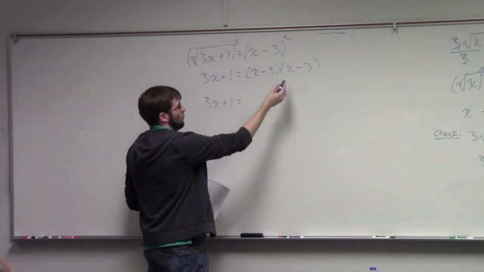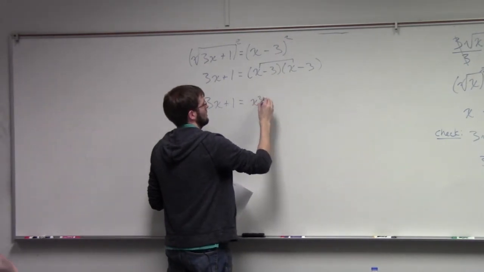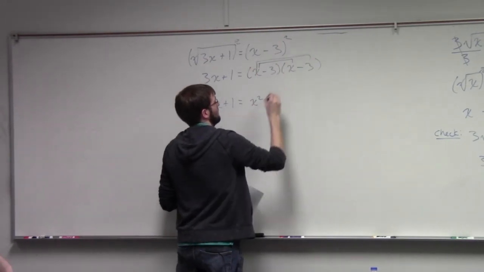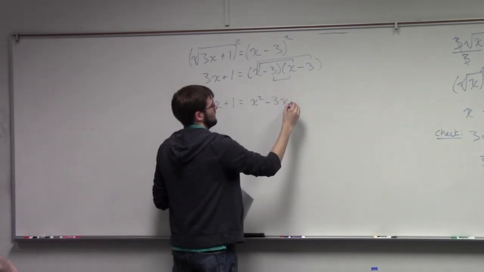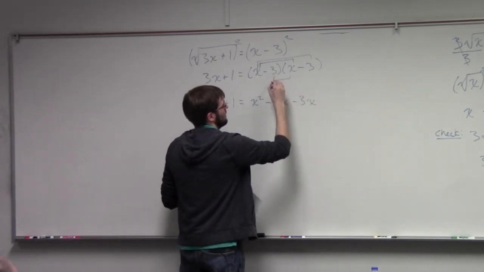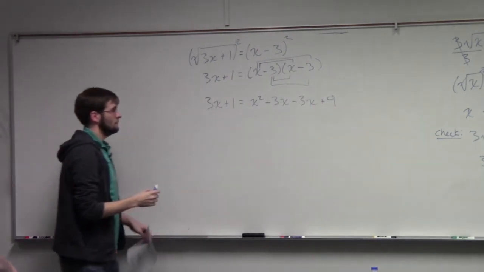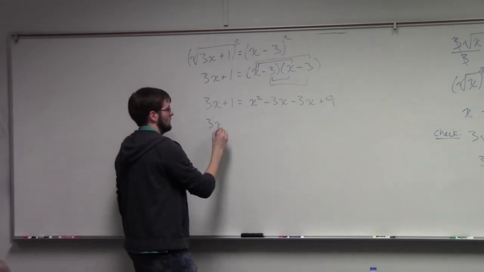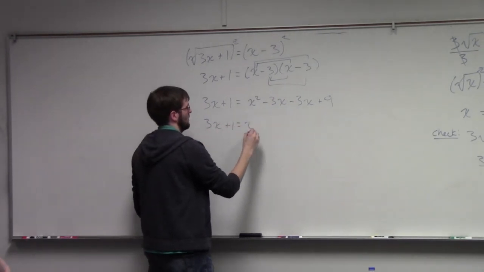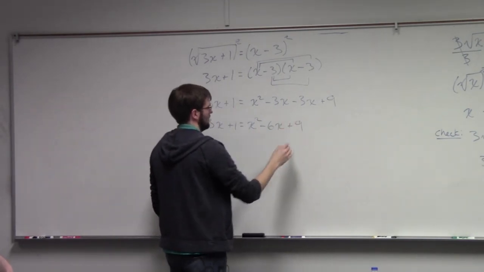My next step is to FOIL. So I do first, outside, the negative 3x, inside, negative 3x, and the last, which is positive 9. Next one to do is combine like terms. That's 9.